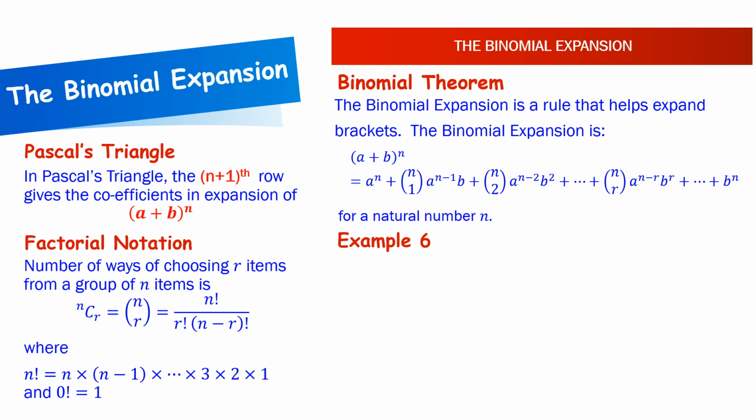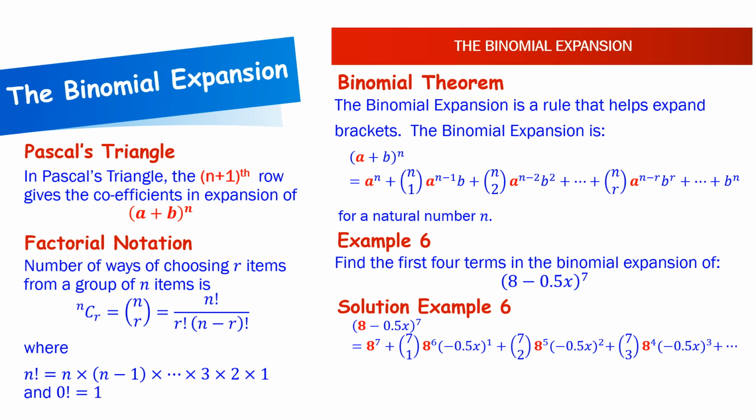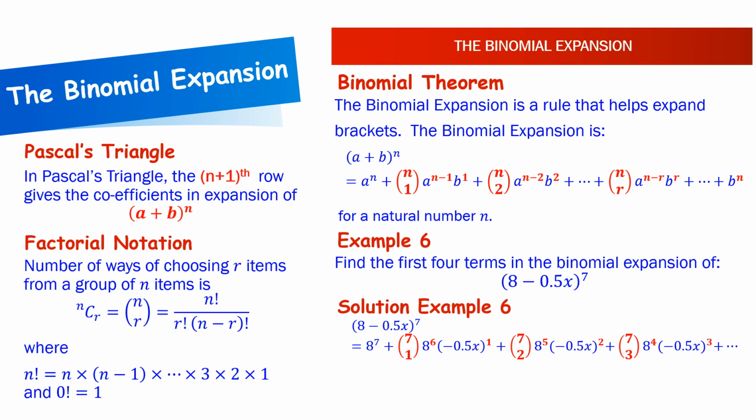Now let's have a look at another example. Find the first 4 terms in the binomial expansion of 8 minus 0.5x, all raised to the power 7. Again, let's substitute the various values into the formula for the binomial expansion. A equals 8, b equals 0.5 times x, n equals 7, and r goes from 1 all the way up to 6 inclusive.